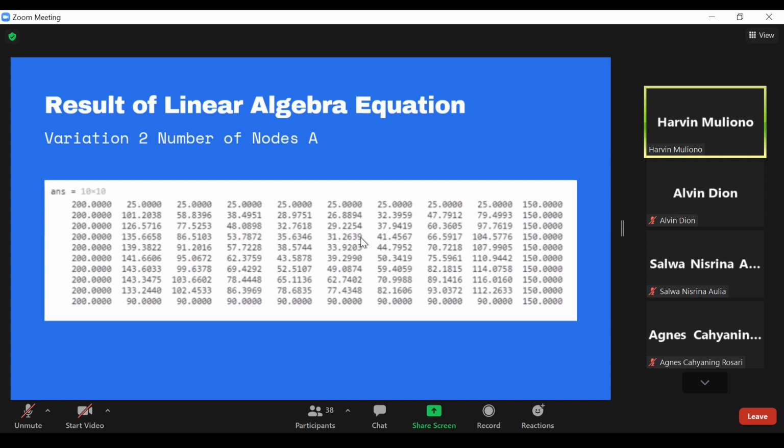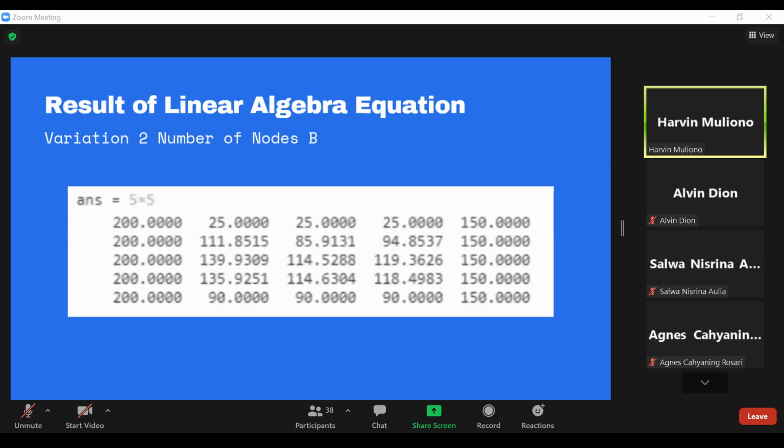And these are the different variations. In the first variation, we varied the temperature boundary, but in the second variation, we varied the number of nodes. Basically, we use 10 times 10 nodes with the same temperatures as variation 2 in the previous temperature distribution. In this slide, you can see it's 10 times 10 nodes. Next.